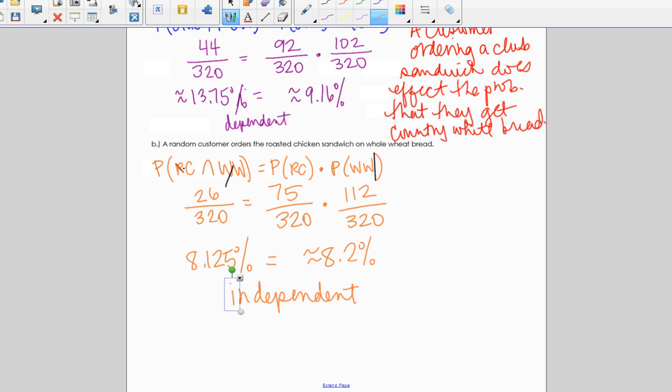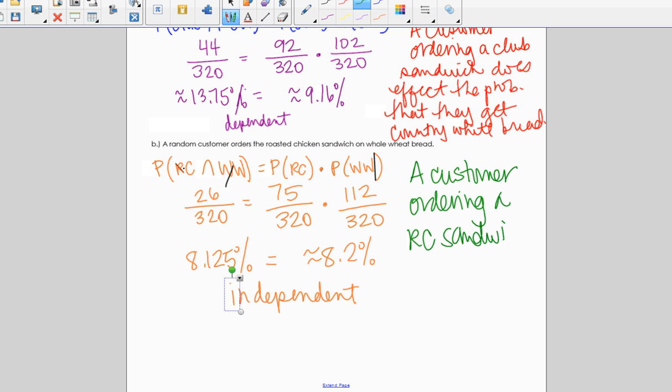Okay, that means because they are independent, a customer ordering a roasted chicken sandwich, I'm going to shorthand it here just for time's sake, does not affect the probability, what is going on with me?